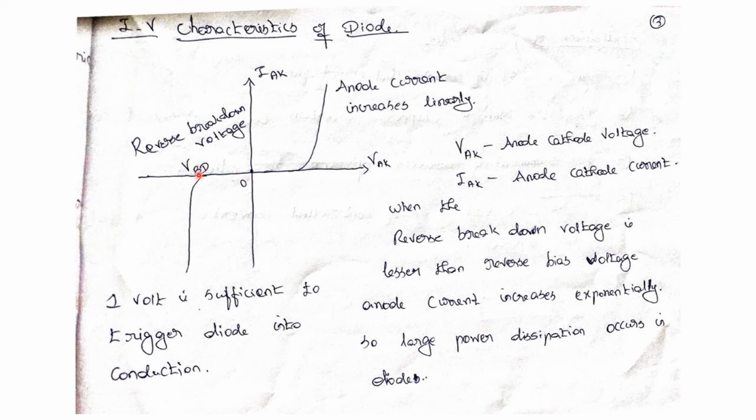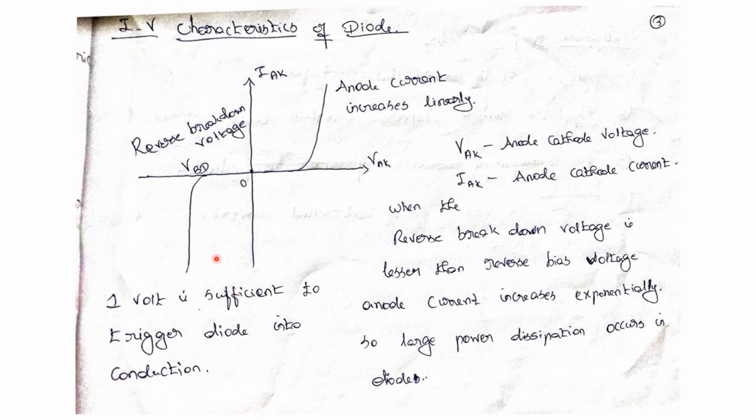But if the reverse voltage exceeds the reverse breakdown voltage, then the anode current increases rapidly.